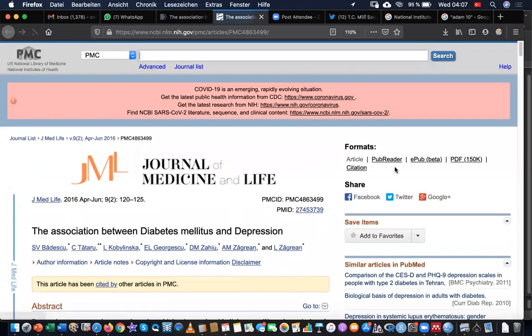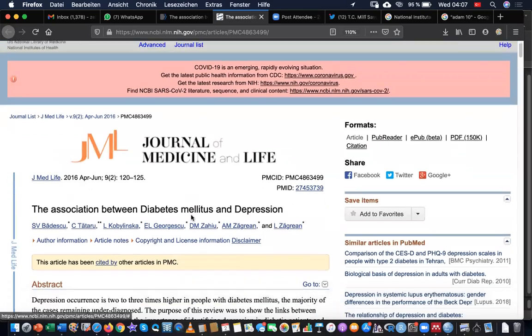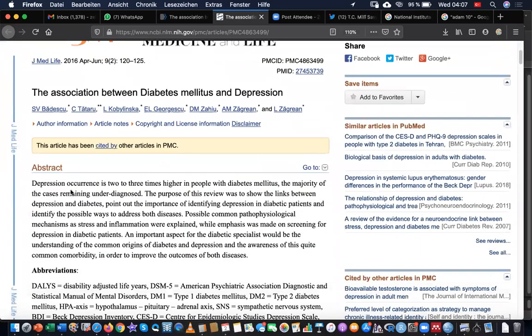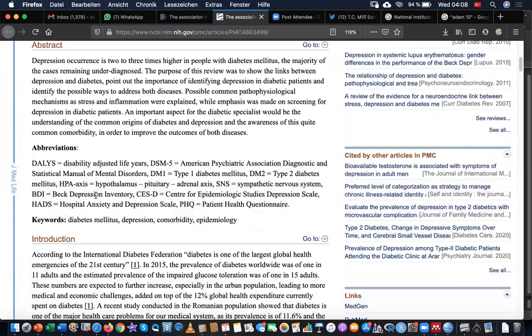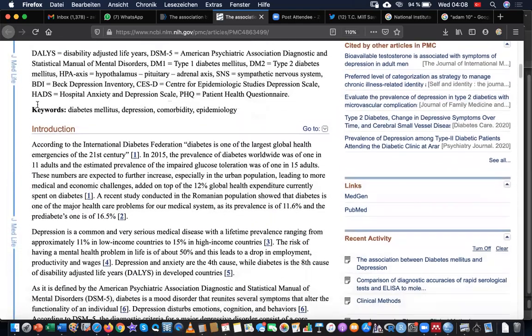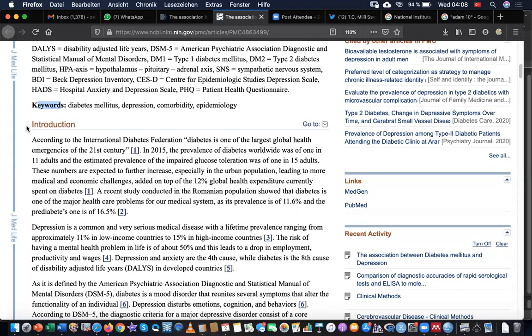You already know that in any paper, you have the title, the authors. This is also in your reports, in your practical sessions. You have a title, the authors, then an abstract, keywords, and then the article starts with an introduction.